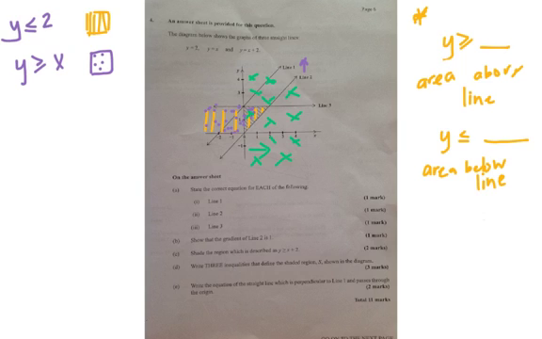So our final inequality represents anything that's to the right of our y-axis, and our y-axis is represented by the line x is equal to 0, which is a vertical line. So anything to the right of that line is going to be greater than or equal to. So we're looking at the line x greater than or equal to 0.